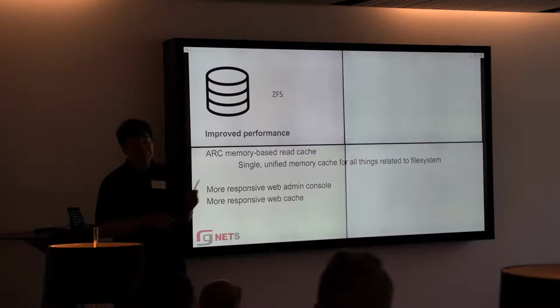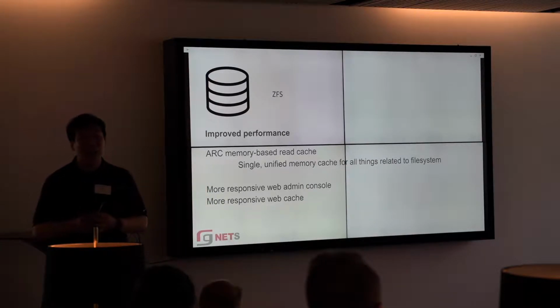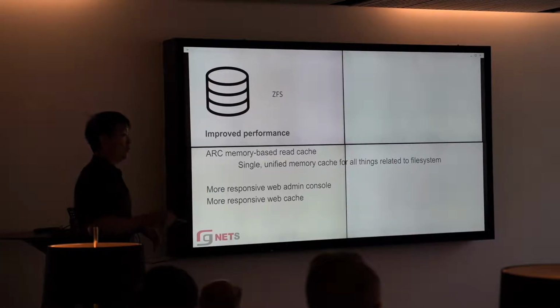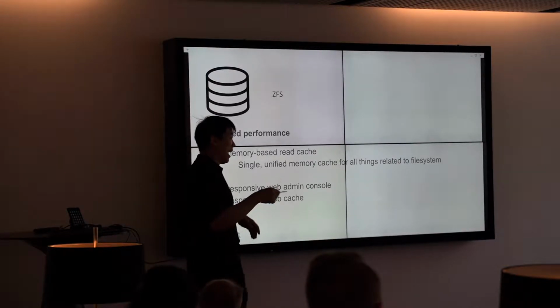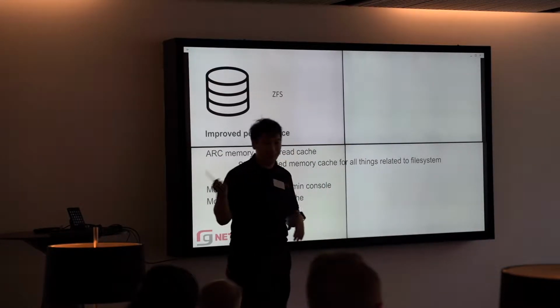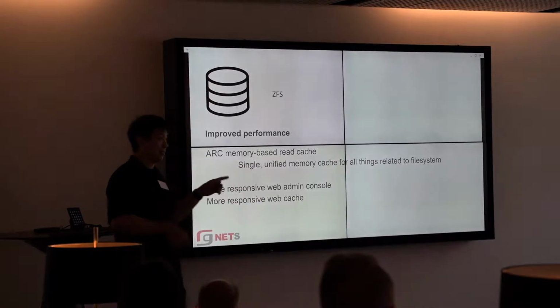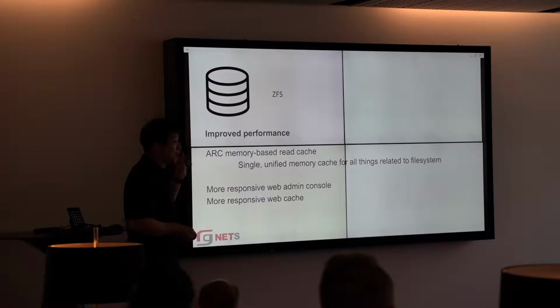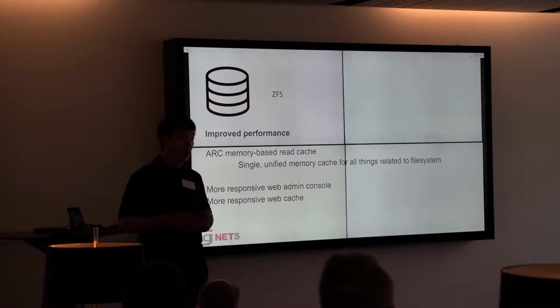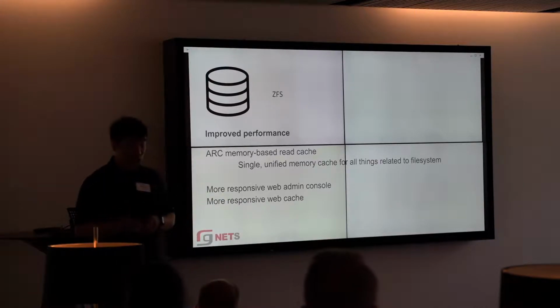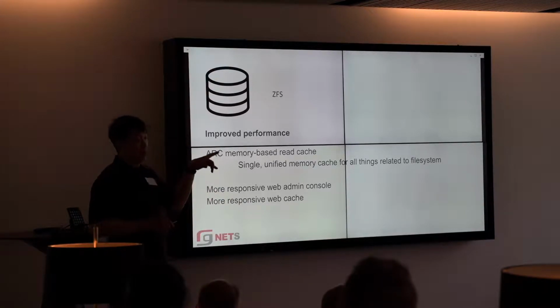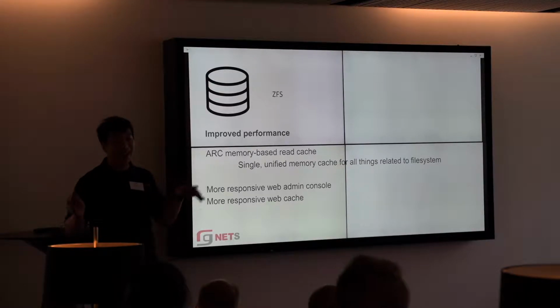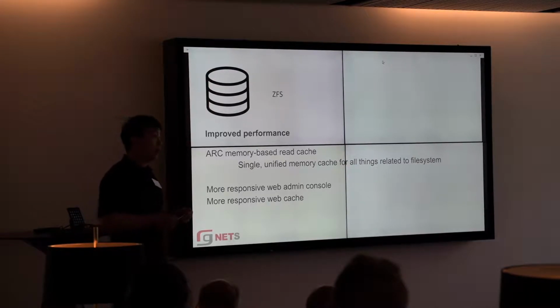Performance. ZFS has a collapsed cache. So in operating systems, you know, there's a cache, and then a cache for the cache, and then a cache for the cache for the cache, right? So what they've done with this is they've collapsed it all in one place, and we've changed the tuning on the FreeBSD side to take advantage of that better with respect to the kinds of machines that you guys are building, right?